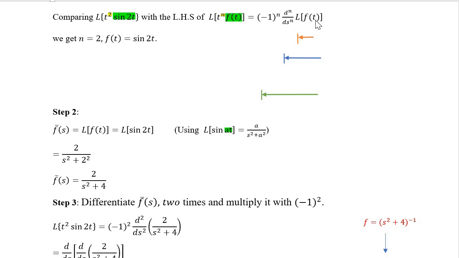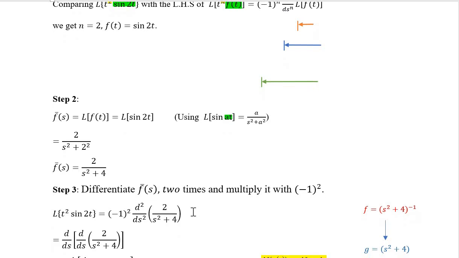So we have obtained Laplace of f of t. Now we perform n-time differentiation and multiply with minus 1 square. So minus 1 raised to 2 into d2 by ds square of 2 upon s square plus 4 will be Laplace of t square sine 2t.